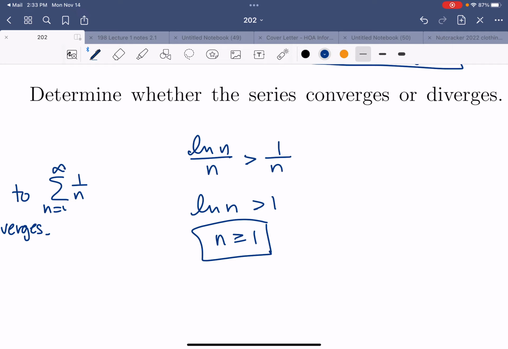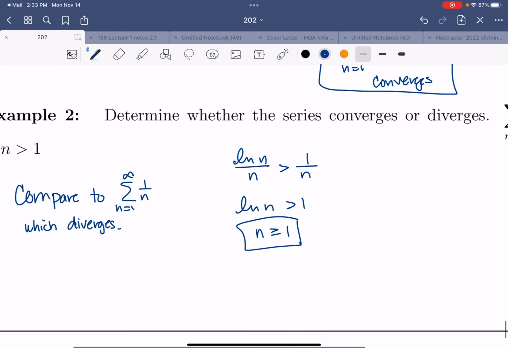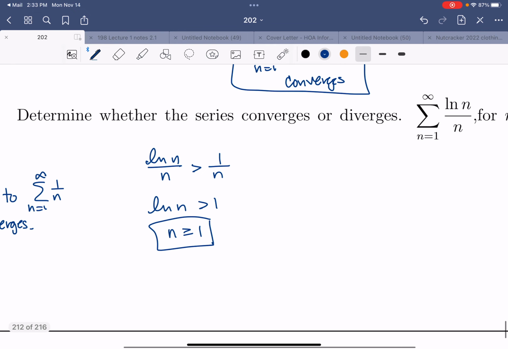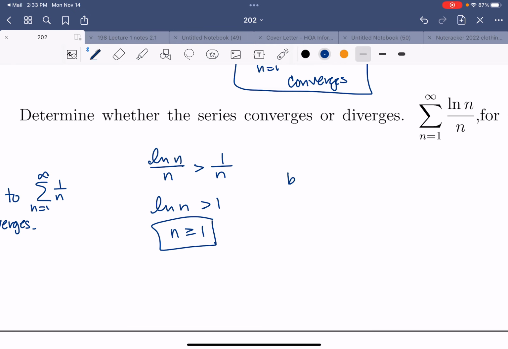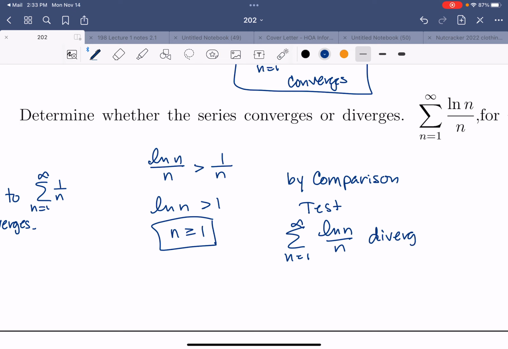So that's true for us. And so ours is larger than something that diverges, and therefore, by comparison test, the sum n equals 1 to infinity of ln of n over n diverges. Again, that's one that we were able to do also by integral test, so you can kind of verify that way.